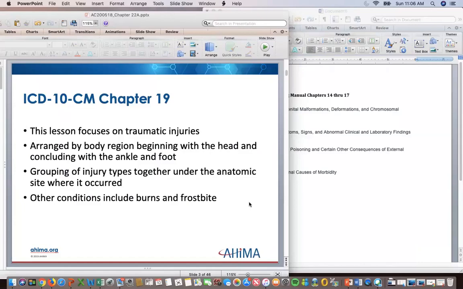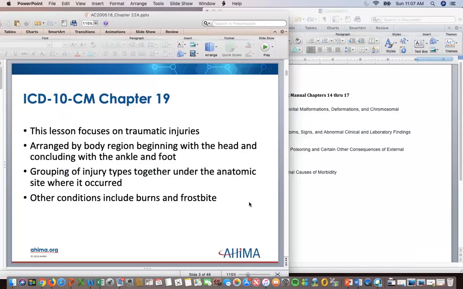There's a T code for those, an overall injury code. And again, throughout these diagnoses, you have the poisoning codes. So someone has come in, maybe they've been poisoned. You have to remember to use A for initial encounter, D for subsequent encounter, or S for sequela.